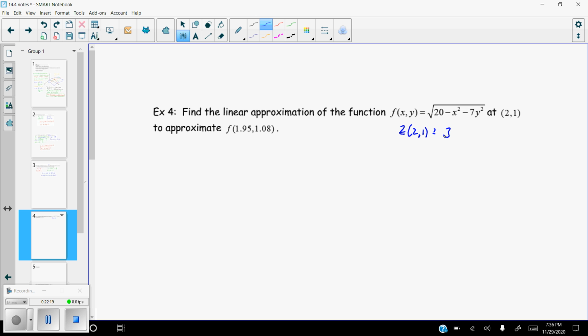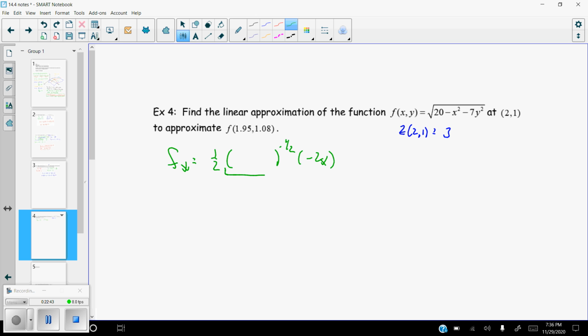Now let's find the linearization. So f sub x. This is going to be 1/2 that whole thing to the negative 1/2. But don't forget, if you do something like this, here we'll simplify it in a second, times the derivative of the inside, which is negative 2x.